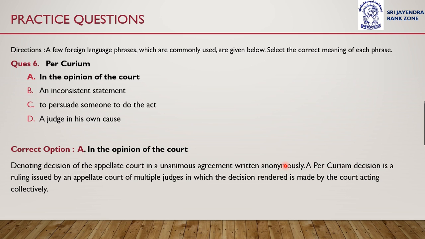A per curiam decision is a ruling issued by an appellate court of multiple judges, in which the decision is made by the court acting collectively. Per curiam means in the opinion of the court.